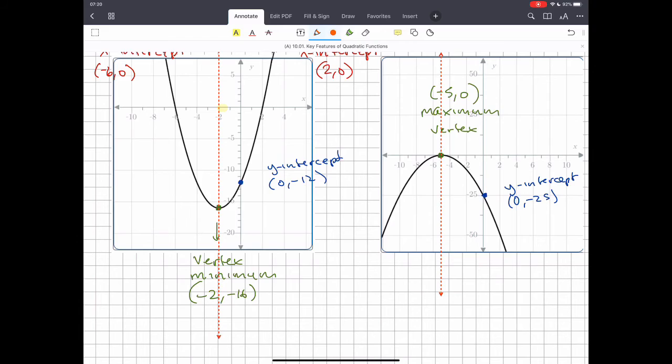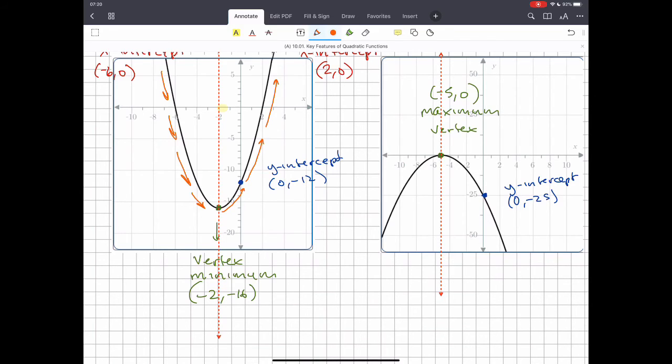We can look at the behavior of the graph as well to either side of the vertex. Looking at the graph on the left, starting at the vertex, when I look this way, the graph is increasing. But if I come from the left side of the vertex, the graph is decreasing. So parabolas have two different types of behaviors: increasing and decreasing.